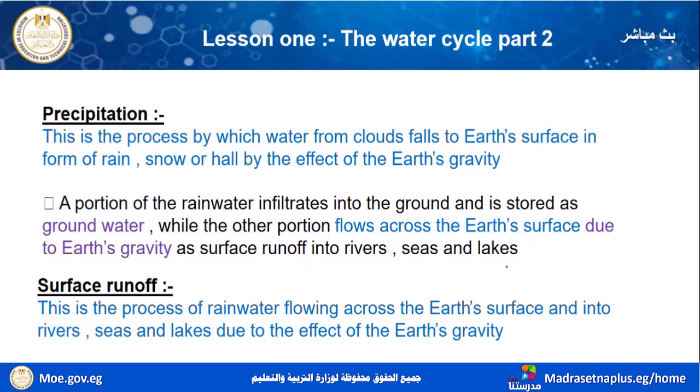Then water will return back again to the water bodies, and it makes one complete cycle, which is called the water cycle. Surface runoff is the process of rainwater flowing across the Earth's surface and into rivers, seas, and lakes due to the effect of the Earth's gravity.